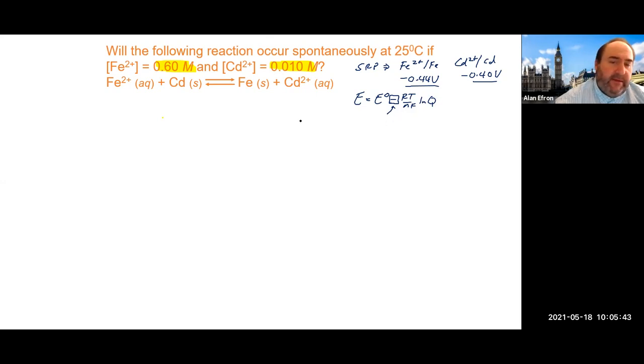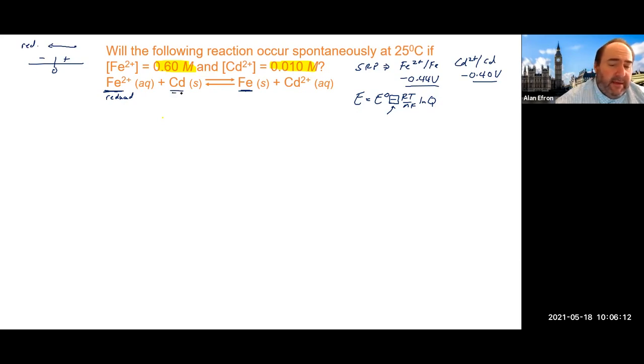First off, if we look at what's going on here, we do have an equation, so we want to look at it. We see that iron is going from +2 to 0 in this case, so iron is being reduced. Again, if you remember our number line, going from +2 to 0 is the reduction direction.